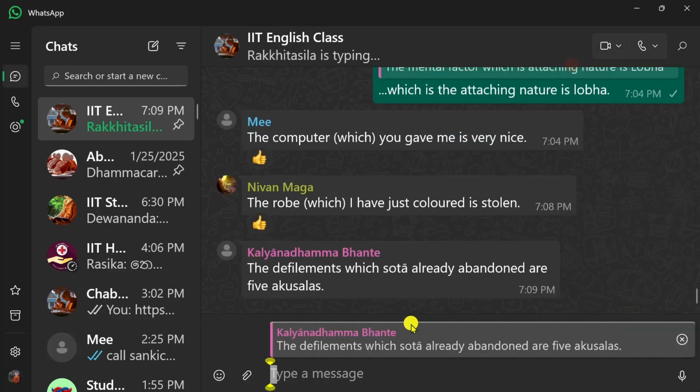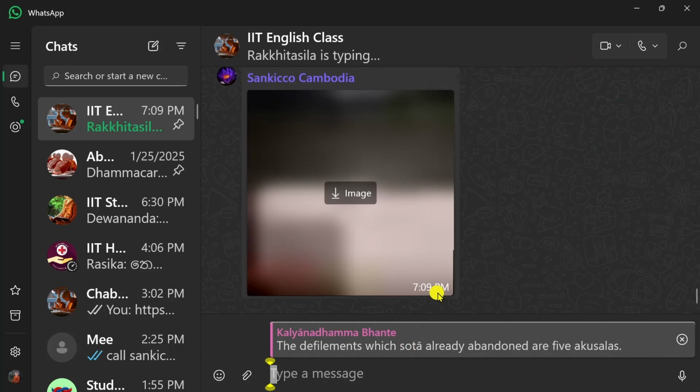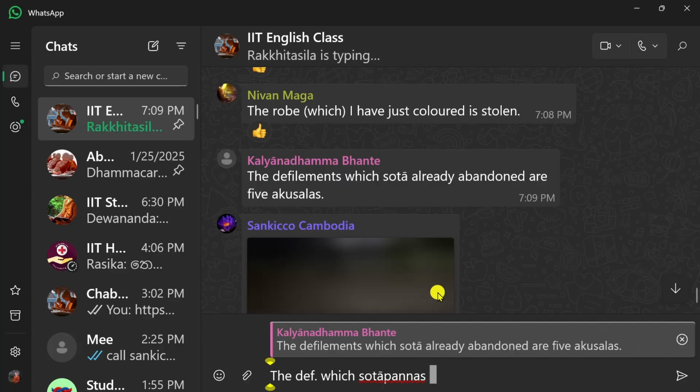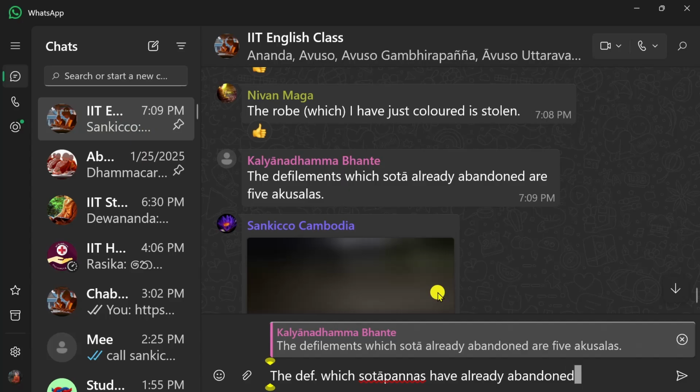Just here, to be a perfect sentence, I would add like this. Sankicha sent his set. The defilements which Sota, if you just say Sota, it has to be plural. Sotapannas. And then already abandoned should be have already abandoned.